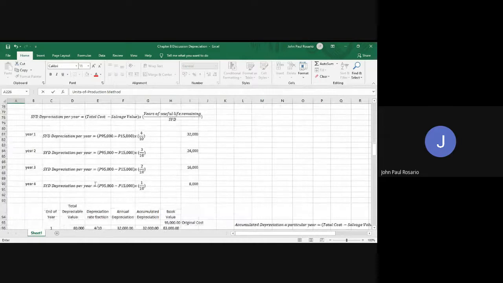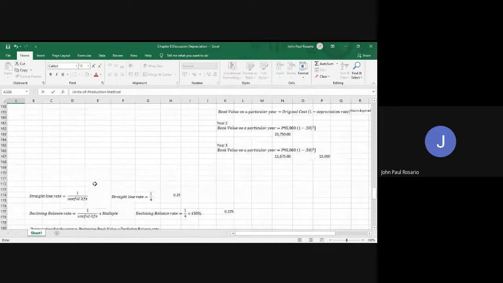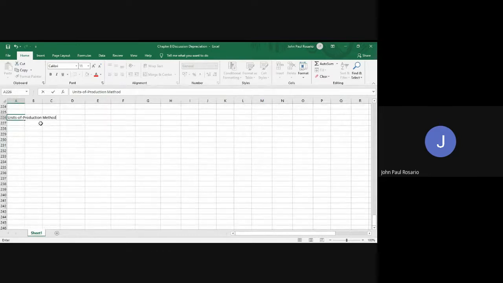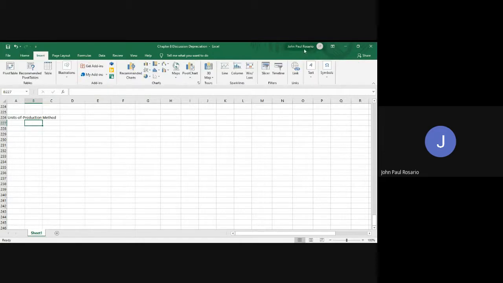Well, we know that it's 80,000, right? Because again, for our total depreciable value, it's total cost minus the salvage value, and then we'll have to compute for the depreciation per unit.